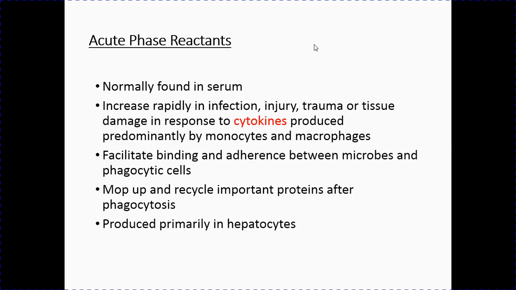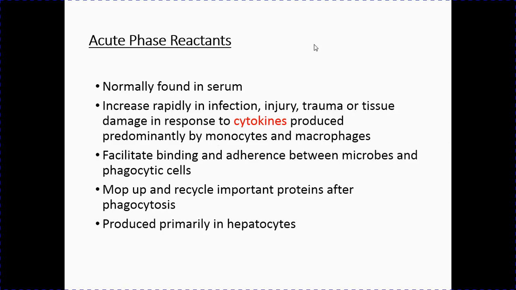And just like with an infection, cytokines are produced by phagocytic cells, and the cytokines will induce these reactions of acute phase reactants. So acute phase reactants normally found in serum increase rapidly in some kind of tissue damage, whether it's by infection, injury, trauma, any other kind of tissue damage, like a heart attack.